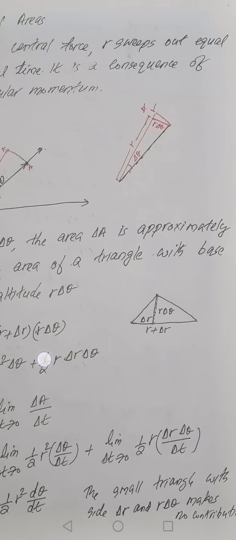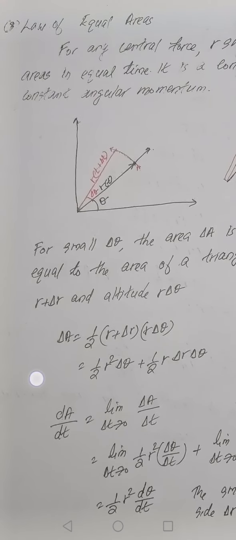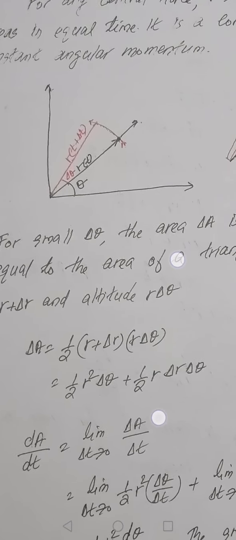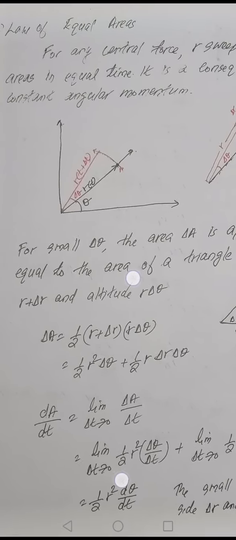Therefore the area of the triangle, delta A, is half into base into altitude, half into r plus delta r into r delta theta, that is half r squared delta theta plus half r delta r delta theta. What I want is the rate of change of area, or how much area is swept out in time t, that is dA by dt.